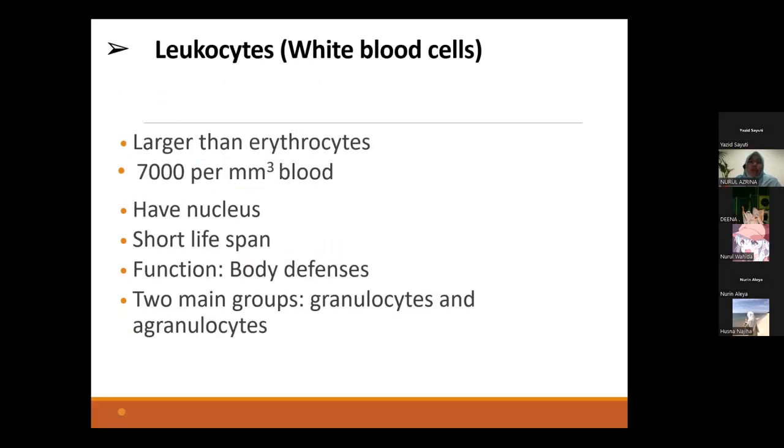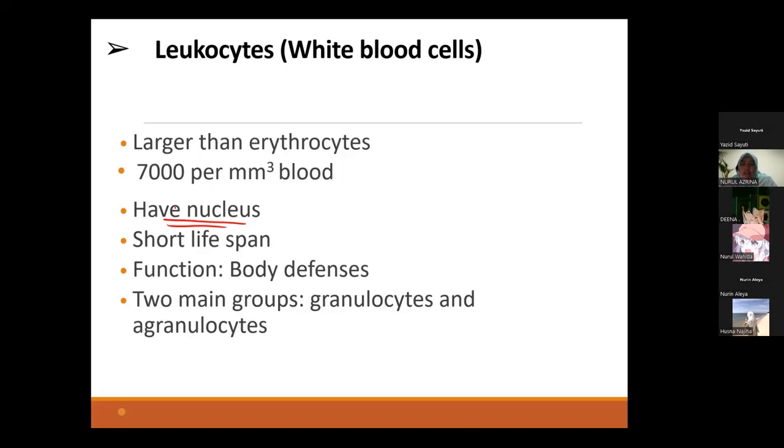Okay, next we go to white blood cell, the leukocyte. In terms of size, leukocyte is larger compared to erythrocyte, and in terms of number, it is much less, which is 700 per cubic millimeter of blood. It has a nucleus, and has a short lifespan compared to erythrocyte.